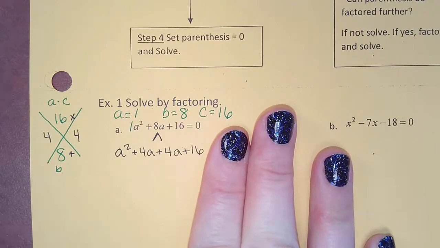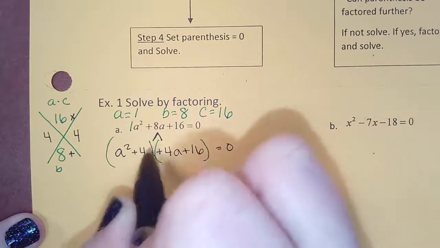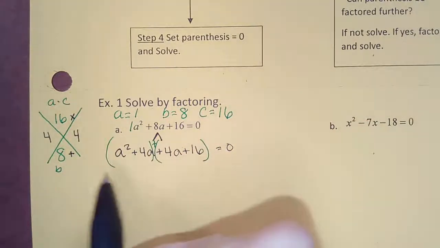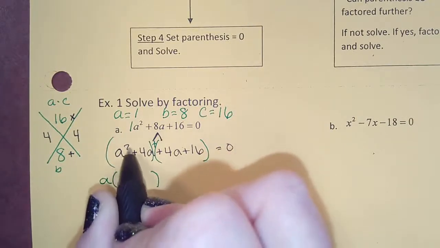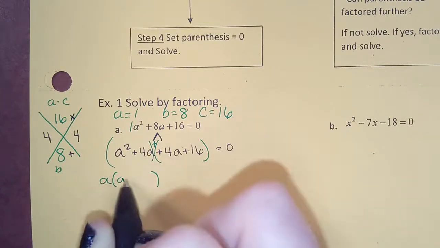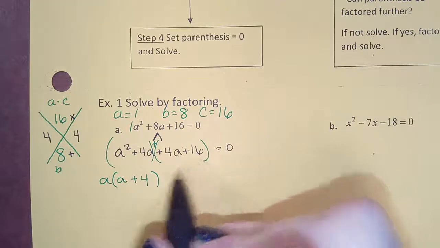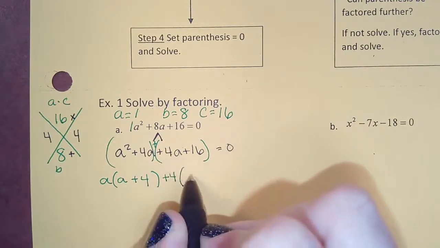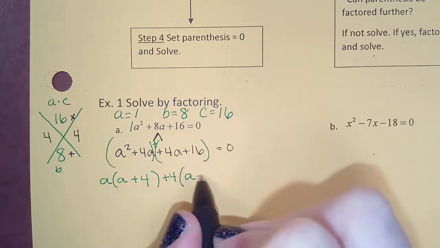So I have 4 terms. Now I can factor by grouping. First 2 together, last 2 together, plus in between them. So what's my GCF of the first one? I can factor out an A. A squared divided by A is A. Positive 4A divided by A is positive 4. 4 and 16, I can divide out a 4. 4A divided by 4 is A, or 1A. 16 divided by 4 is 4.